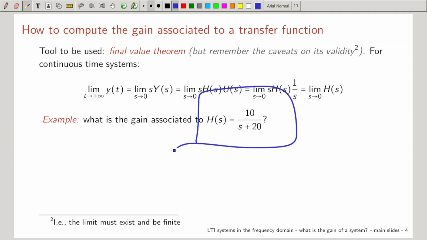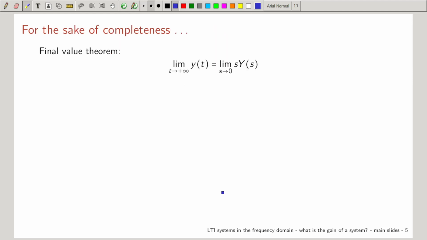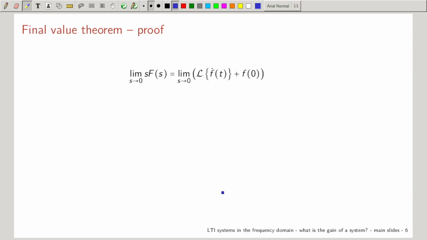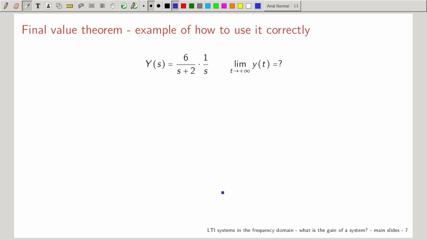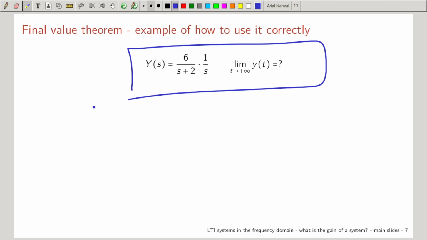This one, gain here, gain for this, s equal to 0, 1/2. True? But I can apply, okay? The proof is trivial. Don't even want to go through it. It's so trivial. Okay, so final value theorem.